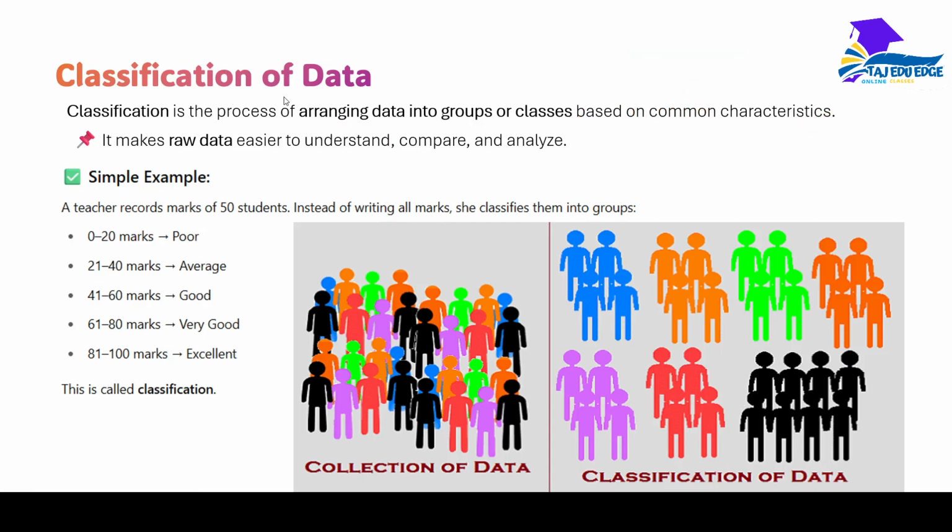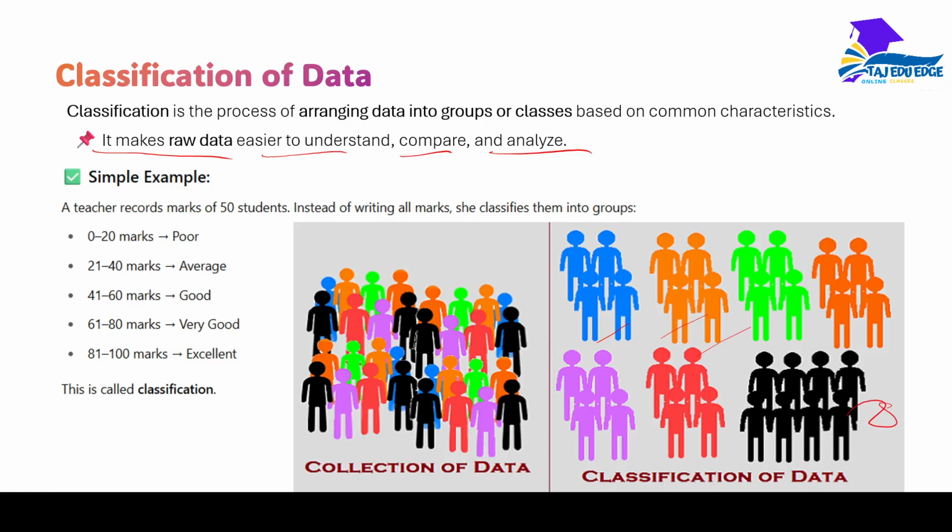Why is it done? It makes the data easier to understand, compare and analyze. We can easily compare. See, we can compare here. There are 4 of blue, 4 of orange, 4 of green, but we can see that there are 8 of black. We can compare it. We can see how many are from commerce, how many are from science, how many are from arts.